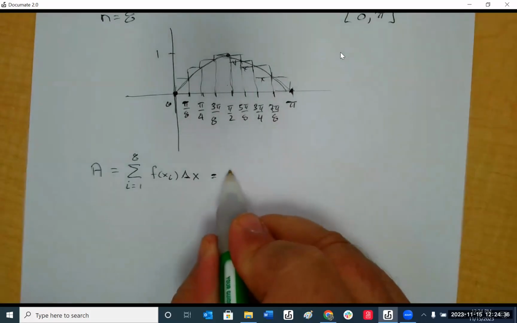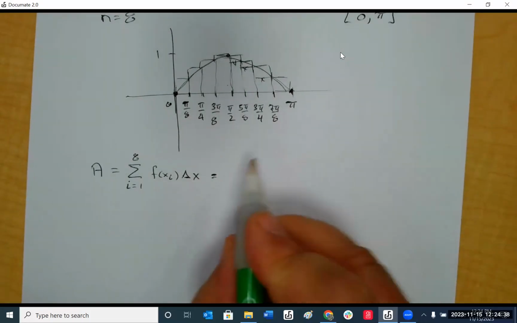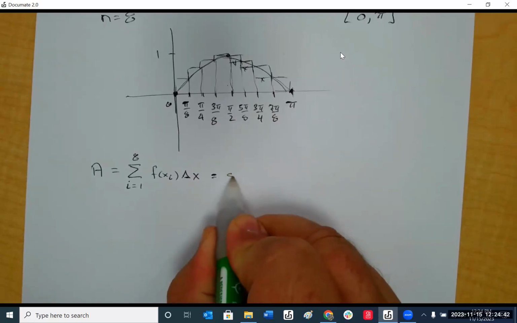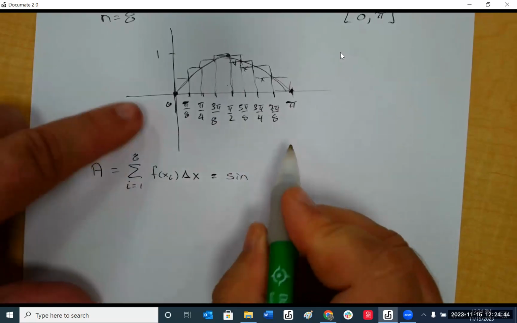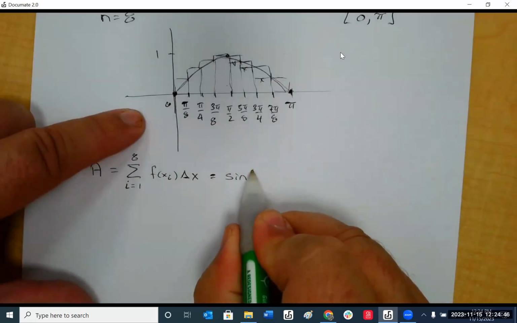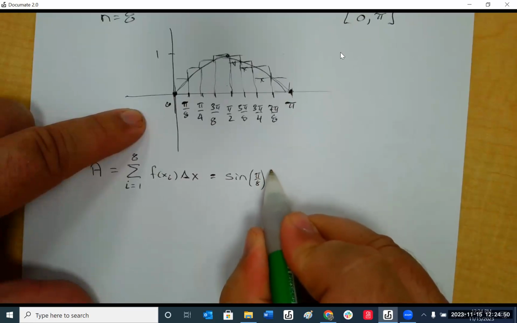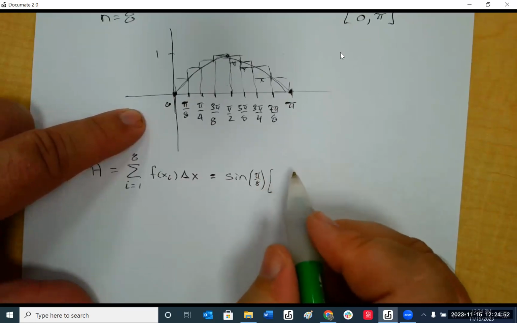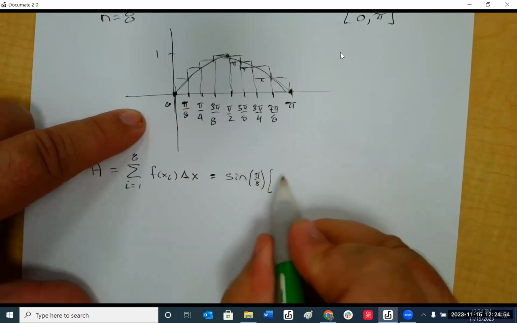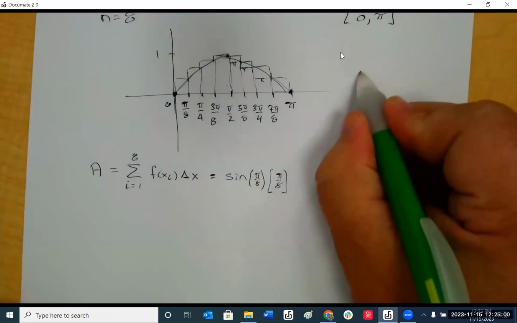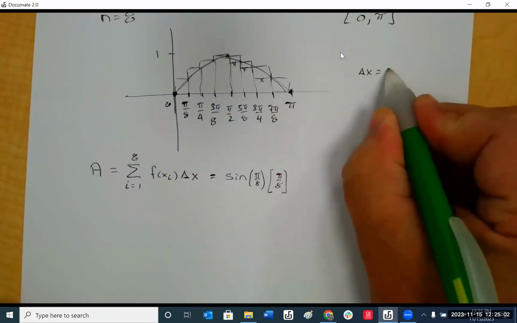So we begin. We have sine of our first one, which is pi over 8, times our delta x, which is pi over 8.